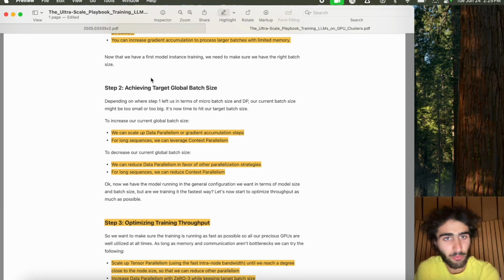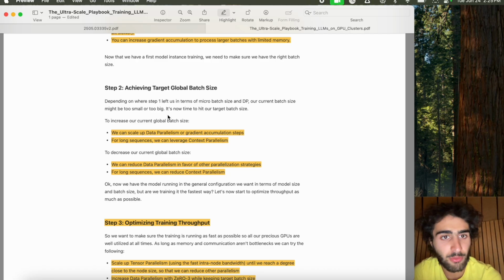Okay, now step 2 is regarding the global batch size. Once you get your global batch size, and once again, this is kind of an empirical value, such as like 1 million tokens per training step, which is something you can find online and just choose as the parameter, which will likely be scaled up. At least, for example, in DeepSeek R1 and V3, if I'm not mistaken, the global batch size increases as the training run progresses.